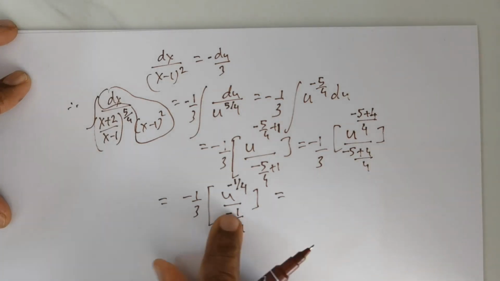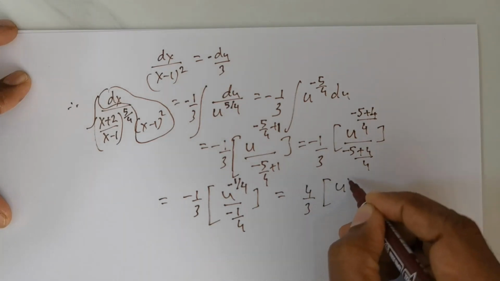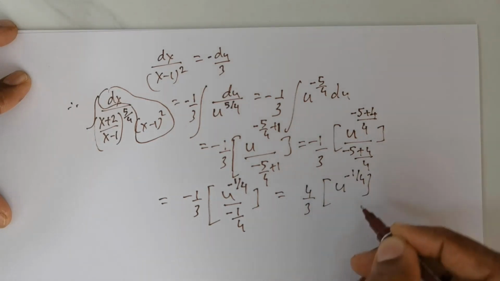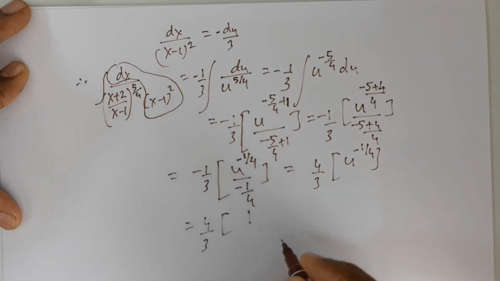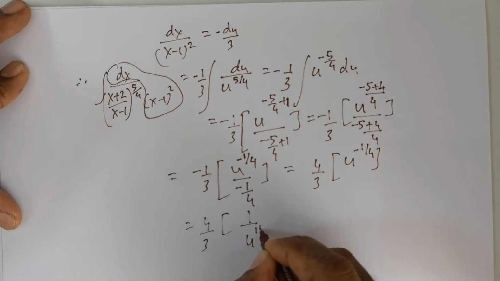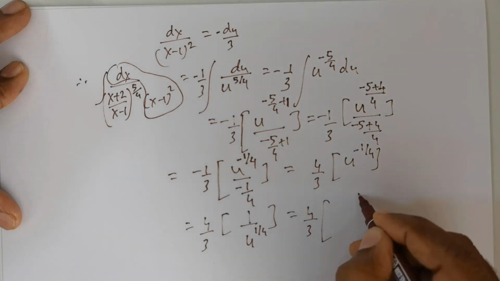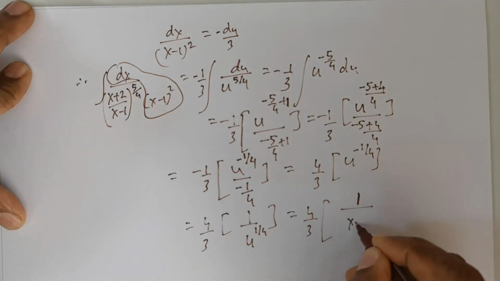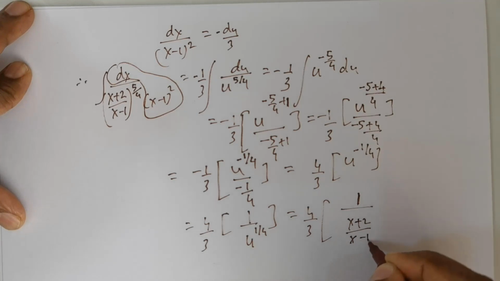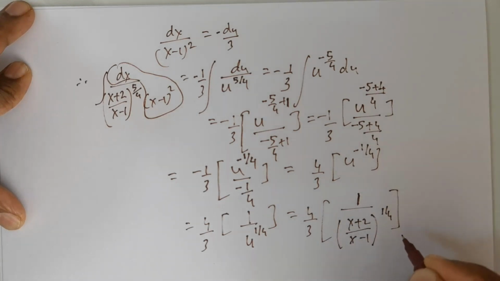This is equal to, negative will become positive, so you get 4 over 3 u to the power of negative 1 over 4. You push this down, you get 4 over 3 times 1 over u to the power of 1 over 4, which is equal to 4 over 3, 1 over, my u is (x+2) divided by (x-1), that is raised to the power of 1 over 4.